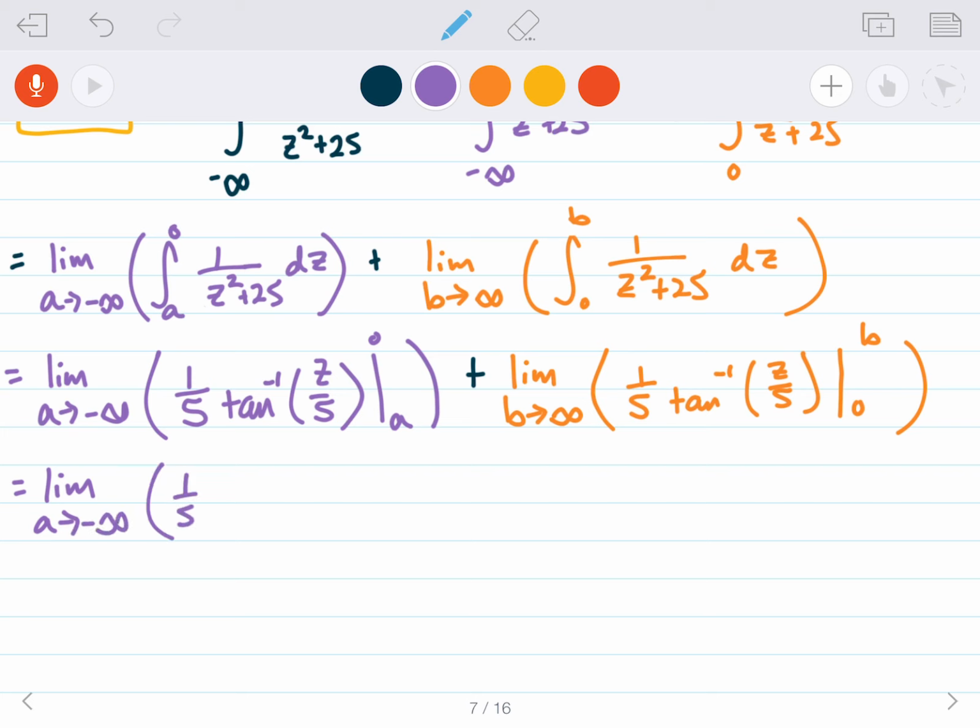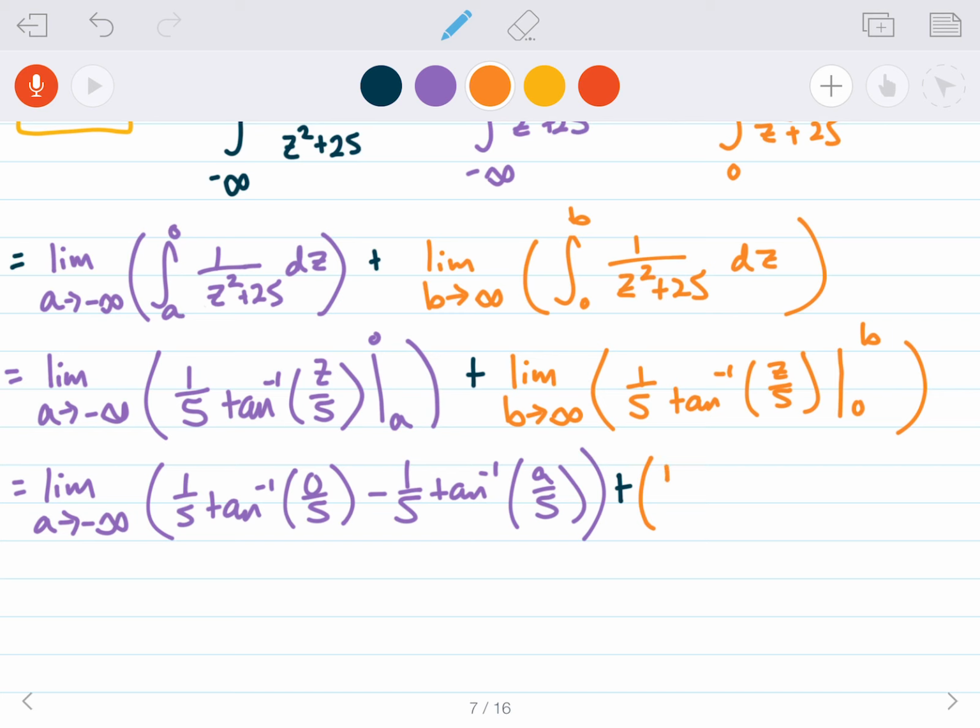So my first one, I have a 5th tan inverse of 0 over 5 minus a 5th tan inverse of a over 5. Beautiful. And I have a similar situation over here. Will I be able to make room? I don't know. So over here I have a 5th tan inverse of b over 5 minus a 5th tan inverse of 0 over 5.